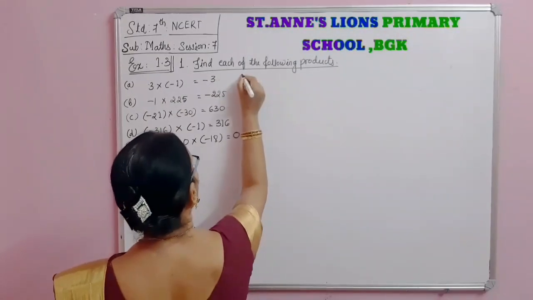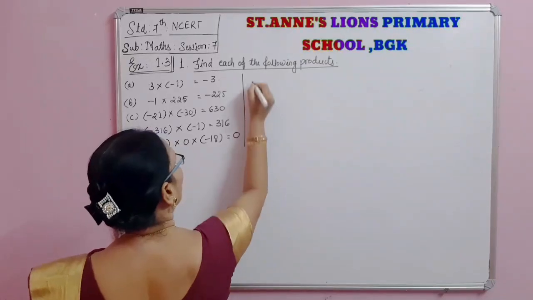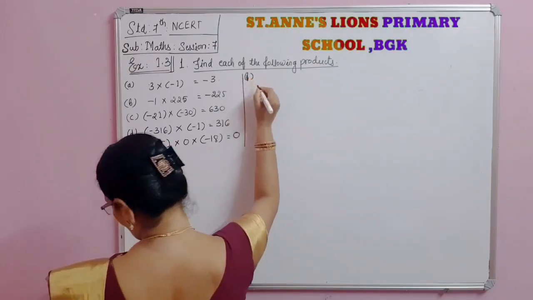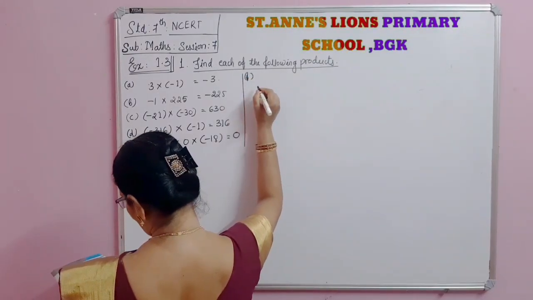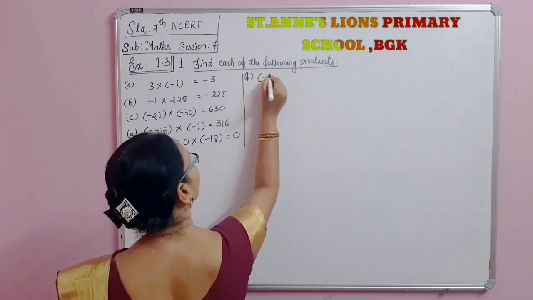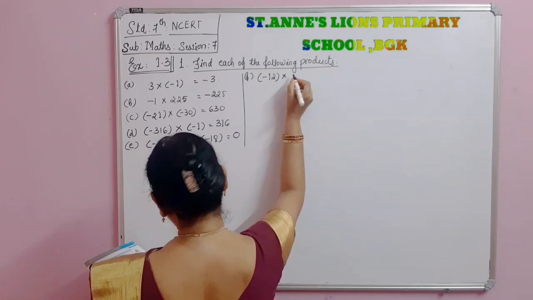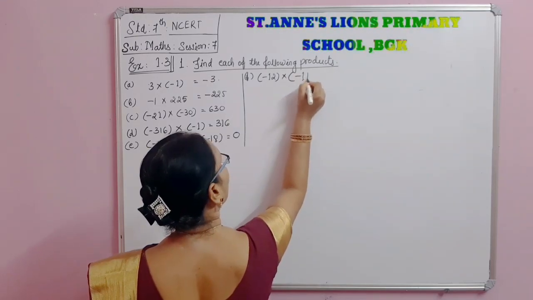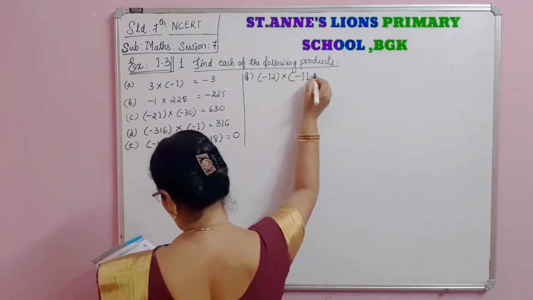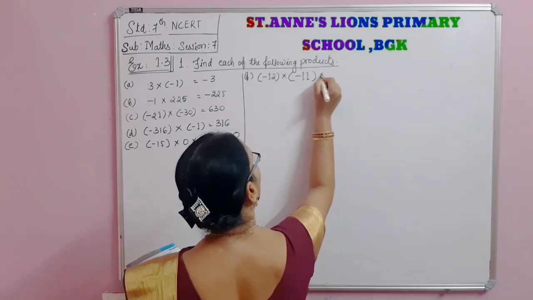Then the next one is F: minus 12 into minus 11 into 10.